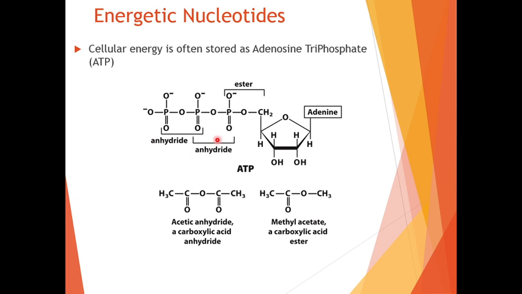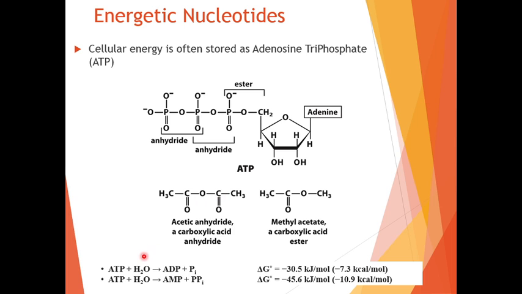Similarly, cleavage of a phosphorus anhydride bond gives more energy. So the energy released by the hydrolysis of ATP and other nucleoside triphosphates is accounted for by the structure of the triphosphate group.